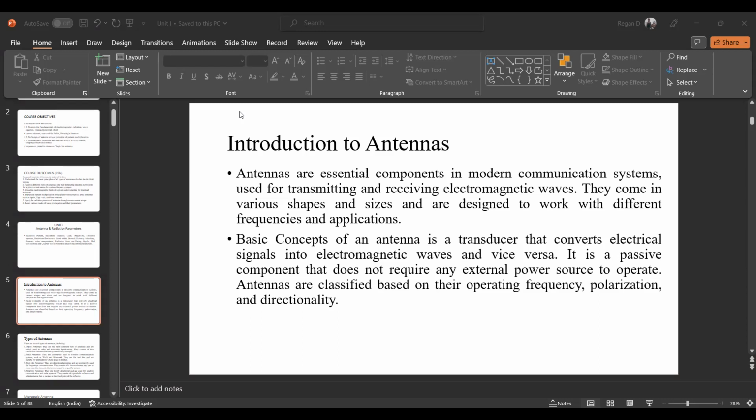So we have to convert this electrical signal into electromagnetic wave format. Our signals are propagated in a medium in electromagnetic waveform only. So the antenna does the job of converting electrical signals into electromagnetic waves, if you are using the antenna for transmitting.